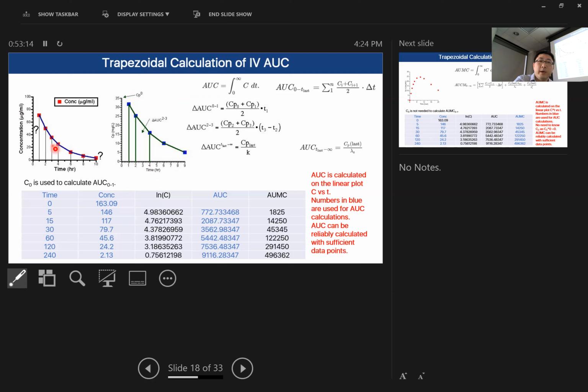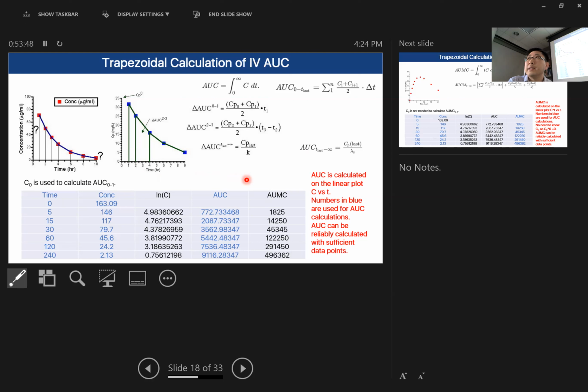If the ratio is close to 1, that means you don't miss much of your AUC. So even if you don't include T last to infinity, it doesn't matter much. But if you stop the experiment here and do that calculation, you miss a lot of AUC. That means this PK experiment should be extended. So using the ratio, you can evaluate the quality of the PK experiment.